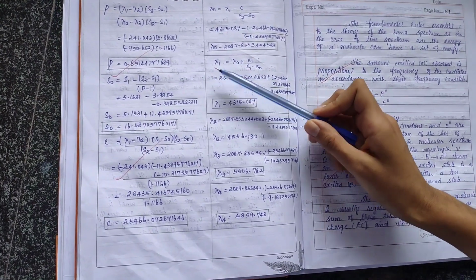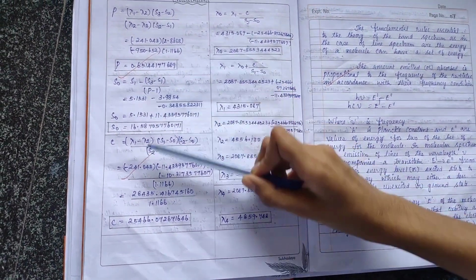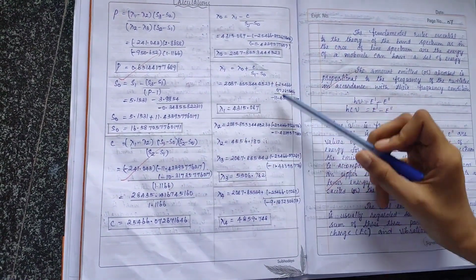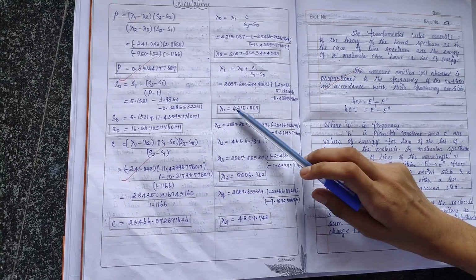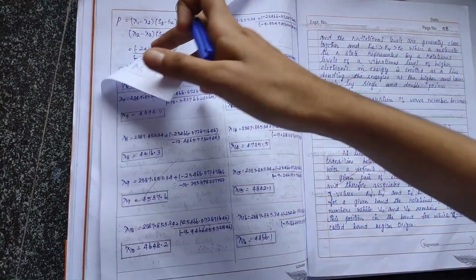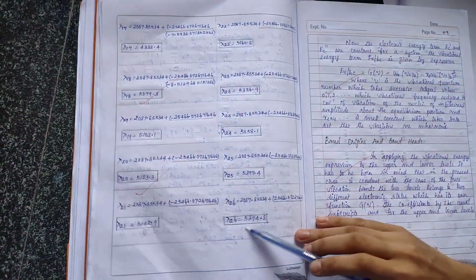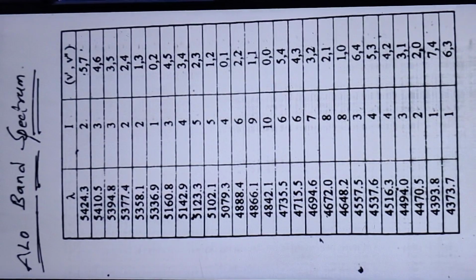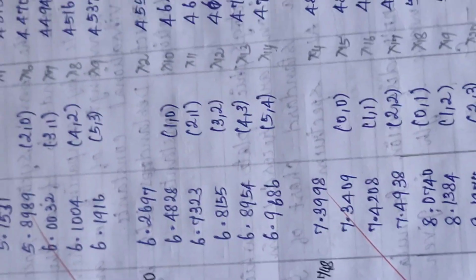Next we have to calculate S0 value, C value and lambda naught, and after that we have to calculate lambda 1, lambda 2, lambda 3 and so on up to lambda 26. According to these sequence numbers, we have to write the wavelength values.